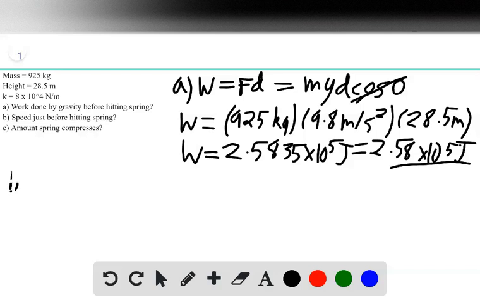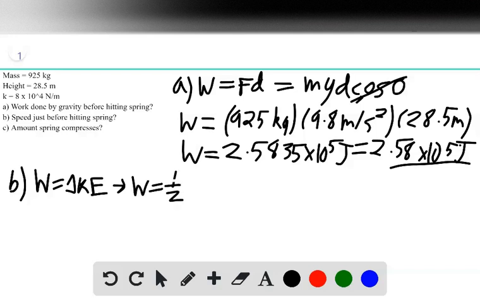All right, so to do that, work equals change in kinetic energy. And we're going to assume that the elevator dropped from rest. So we have work equals final minus initial, 1/2 mv2 squared minus 1/2 mv1 squared.